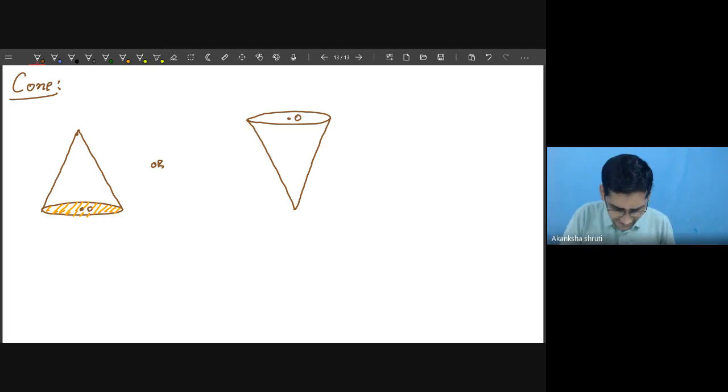So whether you draw it like this or this, the simple way of drawing is the first one, called the cone, and the other one is called the inverted cone.